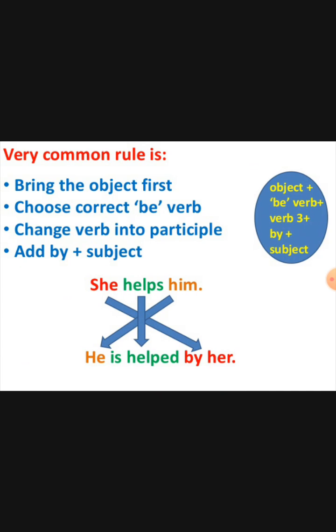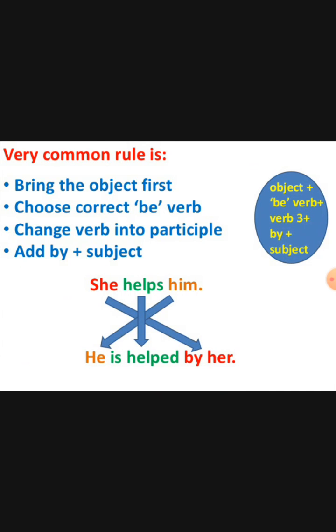Change verb into participle. We can say that the verb exactly will be changed into past participle, means V3, as you can see in that picture also. Now after this, add by plus subject.